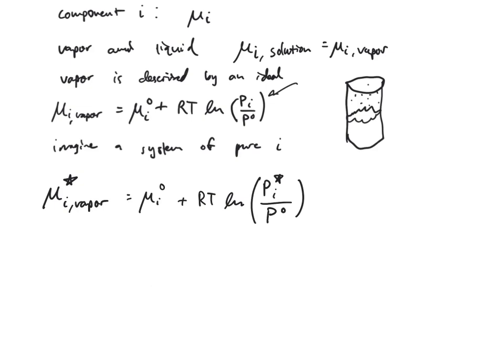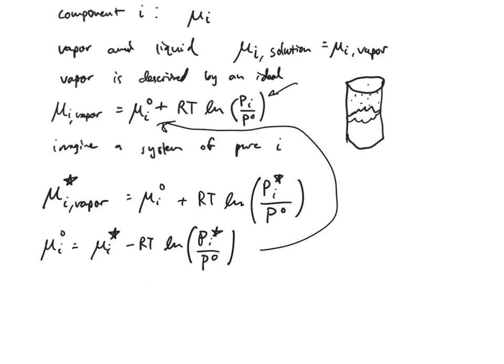So another way to write this is that the chemical potential in the standard state is just mu I star minus RT log P star I over P naught. And we're going to be able to use this directly to plug in right up there.